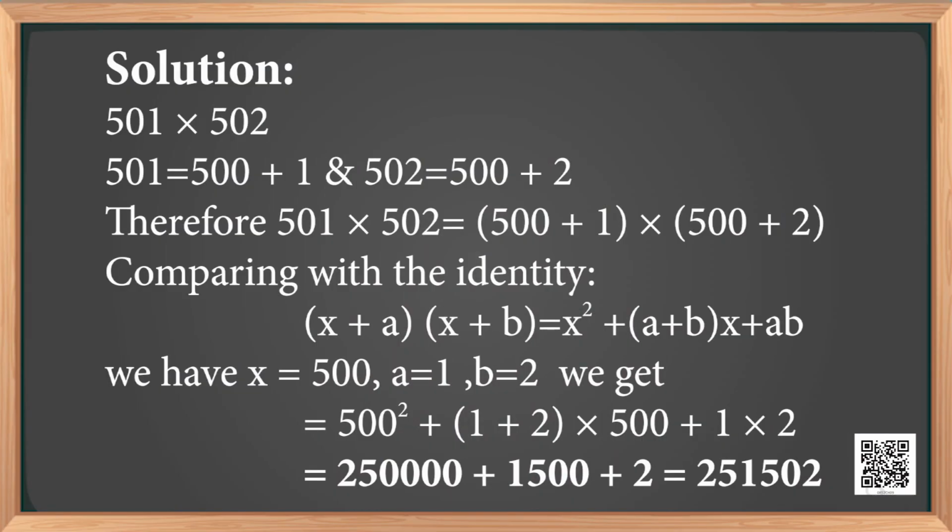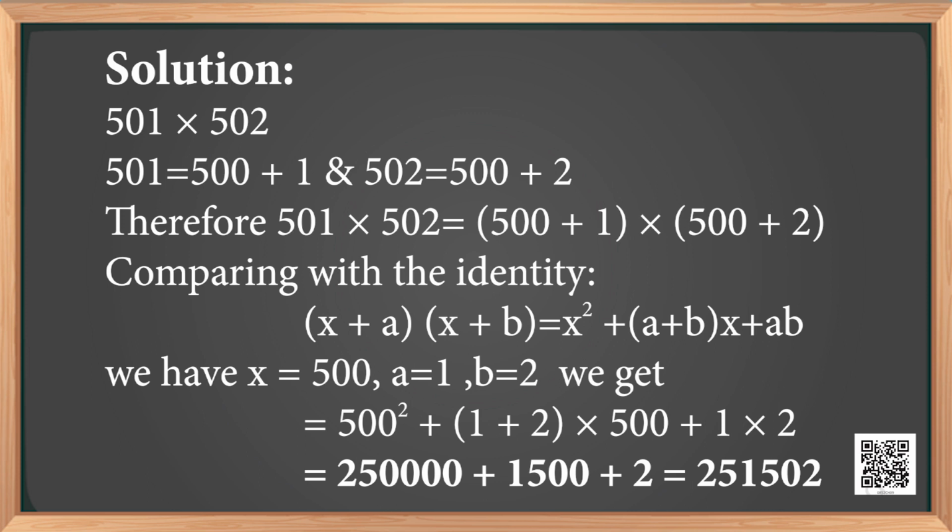Solution: 501 × 502. How can we write 501 and 502 as a sum of two numbers? Good, you are right. 501 is equal to 500 + 1 and 502 is equal to 500 + 2.